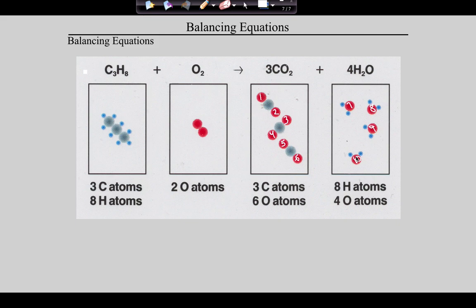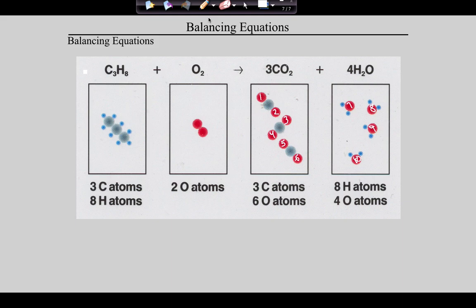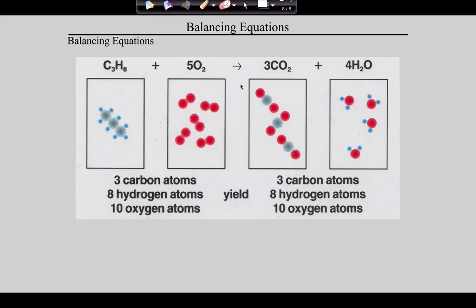So we have a total of 10 oxygens. If we've got 10 oxygens coming out, how many O2s do we need to make that balance? We need 5. And so when we get those 5, it now looks like this, and now everything that's going in is coming out.